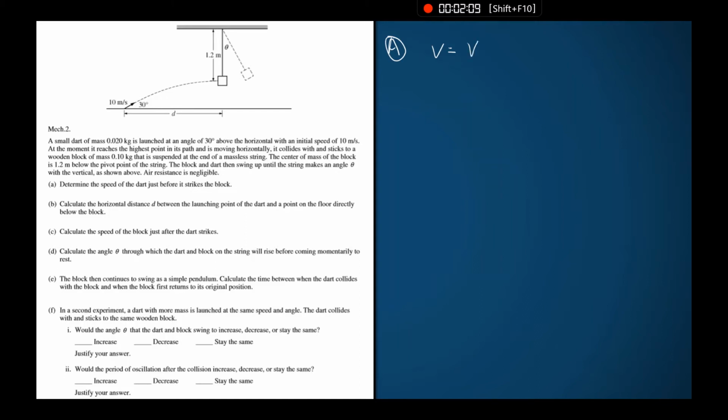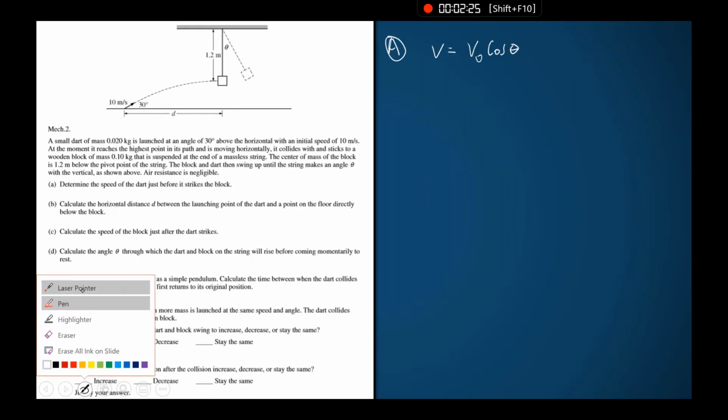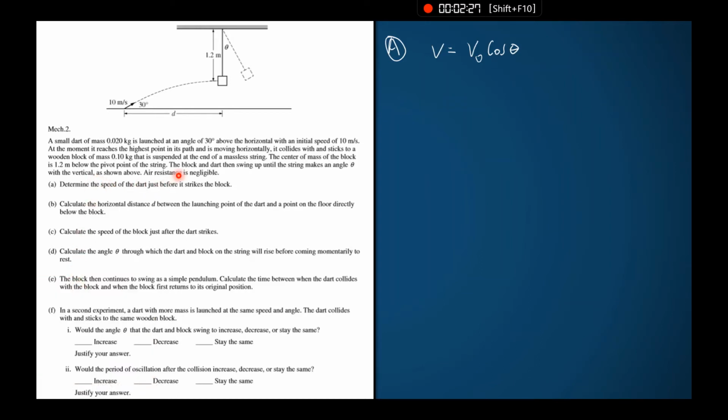Okay, you're right, but why is it horizontal? Okay, so only when it's at the highest point of the arc, we don't have any vertical velocity. So that means all of the velocity is horizontal. Okay, cool. So it's not because of the collision, it's because we're at the highest point of the arc.